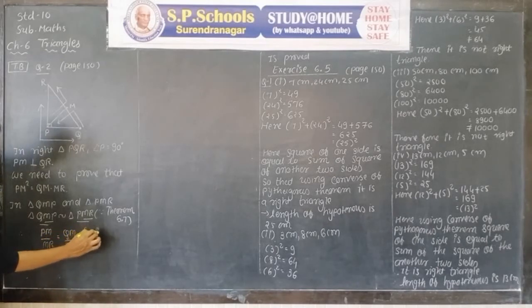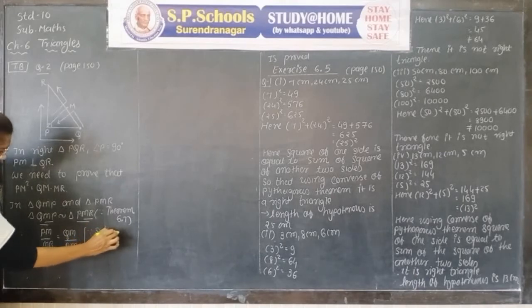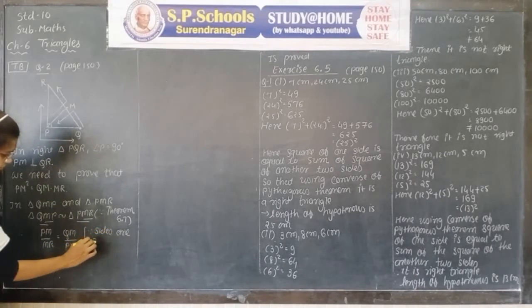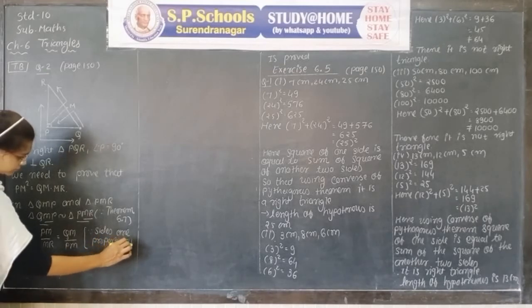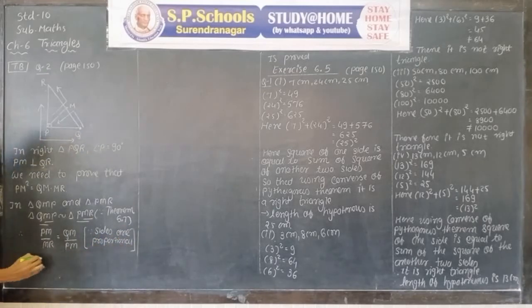Reason is sides are proportional. Therefore, square of PM, do the cross multiplication, is equals to QM into MR. Hence proved.